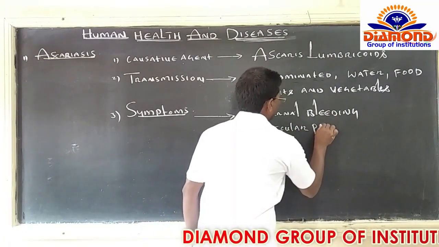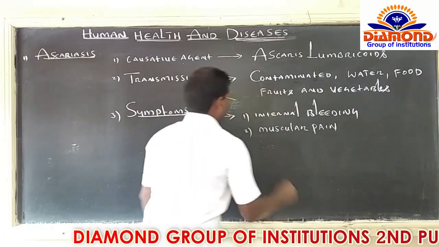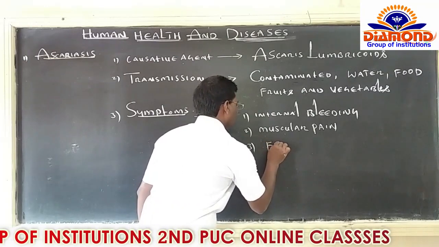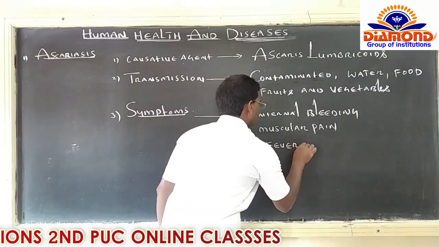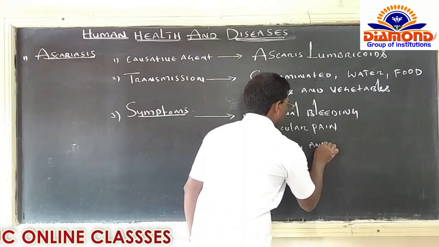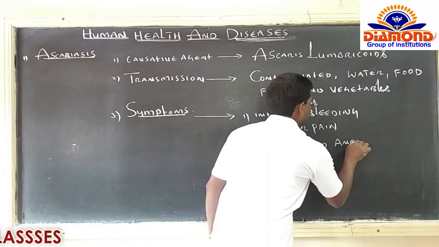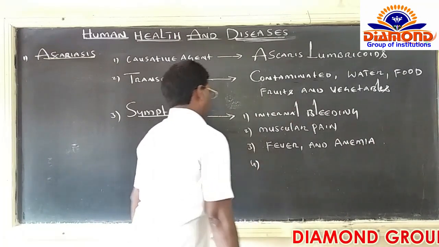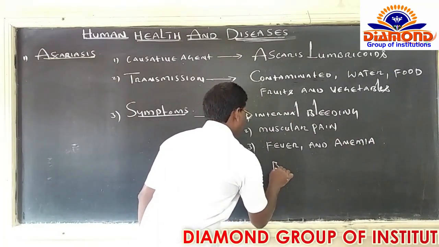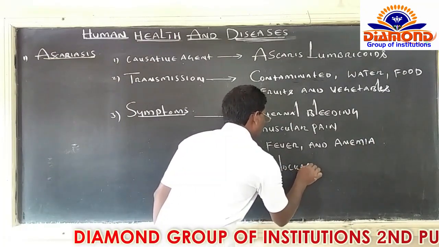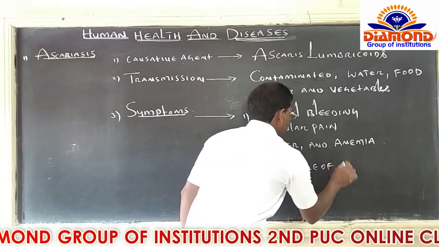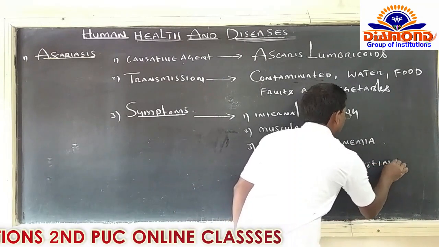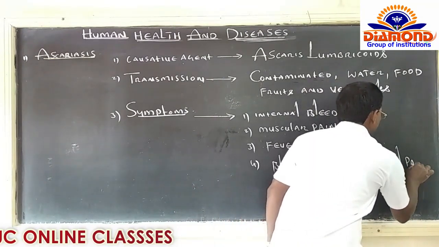Number 3 is fever and anemia. And lastly, blockage of the intestinal passage.